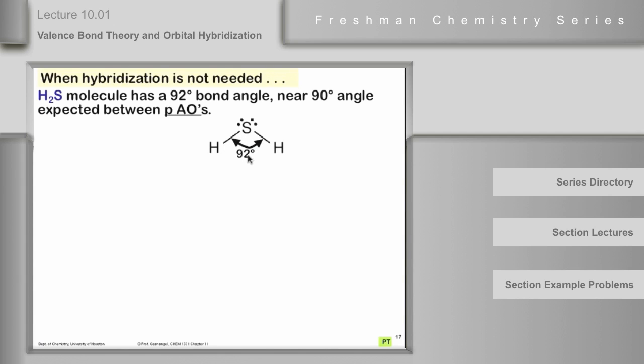H2S, for example, the bond angle is 92 degrees, which is almost perfect for two p atomic orbitals forming the bonds. So that's a perfectly adequate description, and if you came across a question that said describe the bonds in H2S, it would be perfectly good to say there's sulfur 3p, hydrogen 1s.